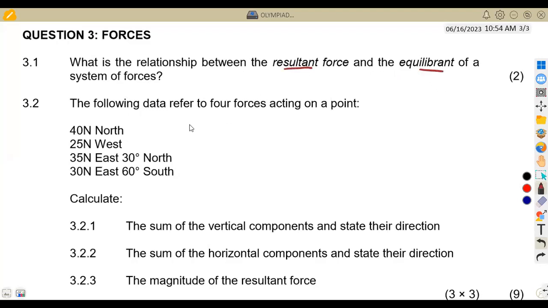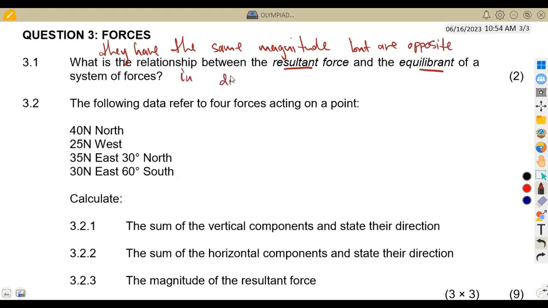What we know is that these two have the same magnitude, but they are of opposite direction. So the magnitude is going to be the same, but opposite in direction.